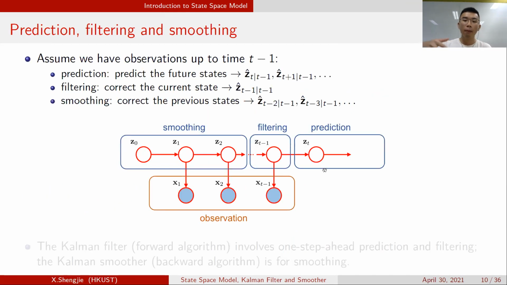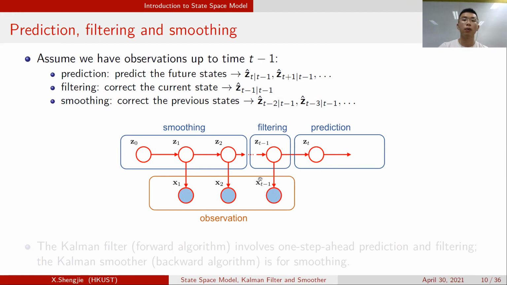Before we go to the Kalman filter and Kalman smoother, I want to clarify three concepts here. The first one is called prediction. Assume that we have already observed t-1 observations. When we want to predict the state at t, or predict the state in the future, like t+1, t+2, this is called prediction.